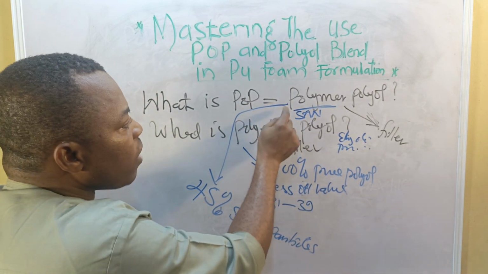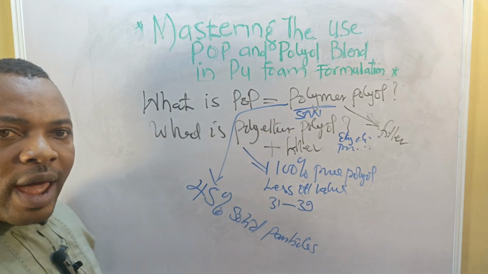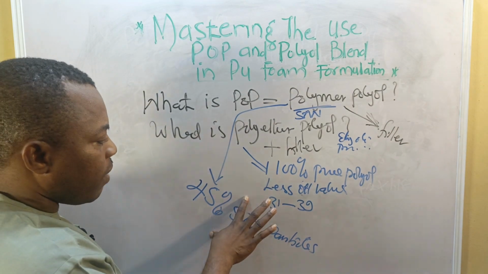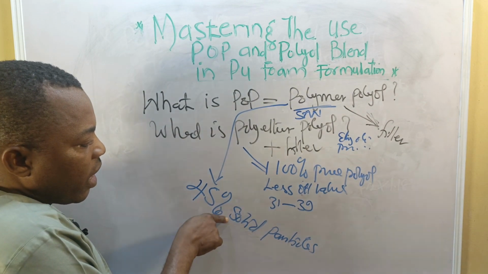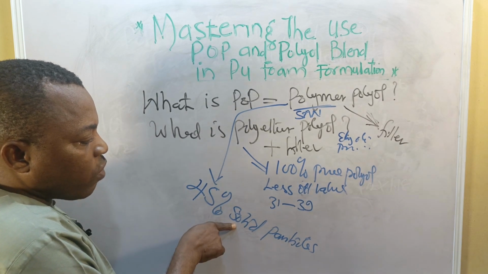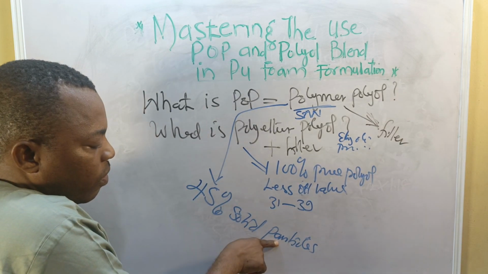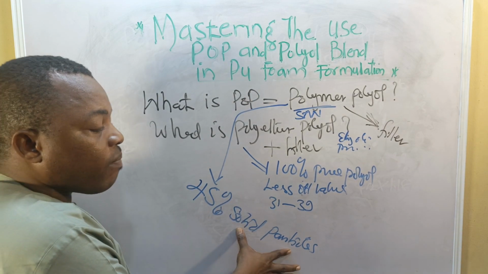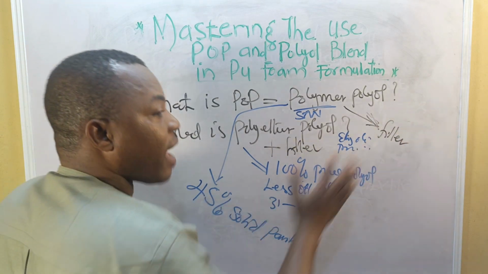But using POP and this one, the difference is not the same. The reason this one is dispersed in this one is that the polymerization reaction is partial, because part of the 100% of that polyol is being replaced by 45% of this solid particle, therefore increasing the hydroxyl value.